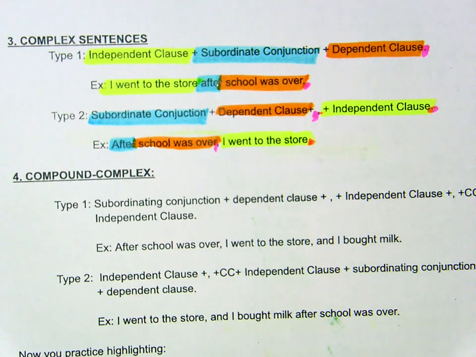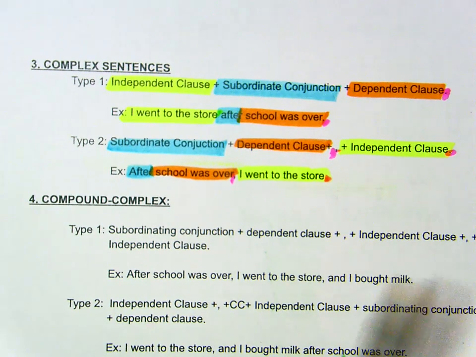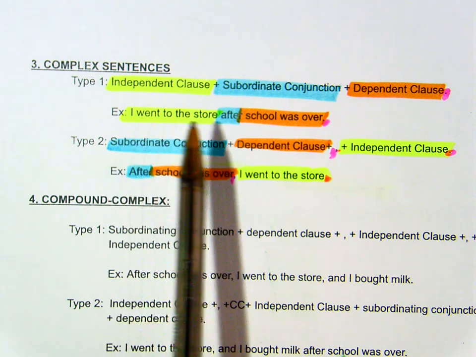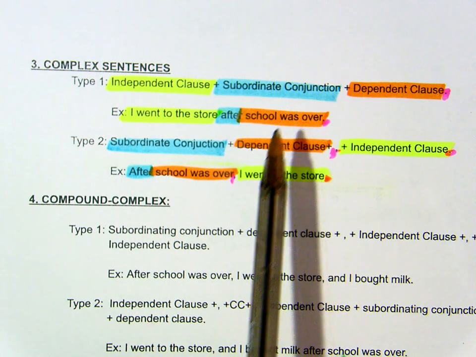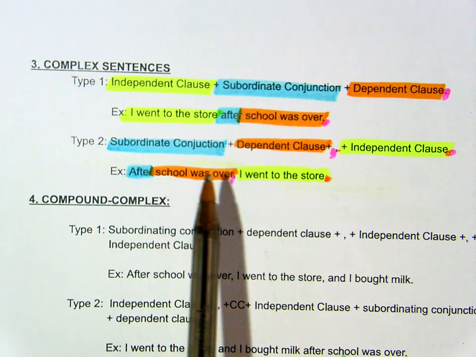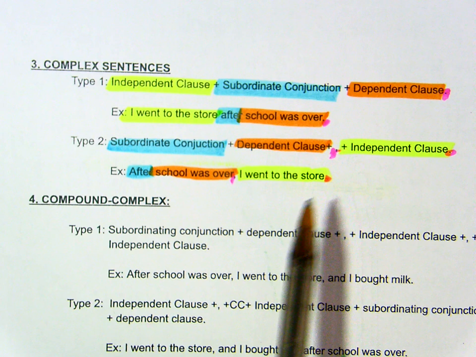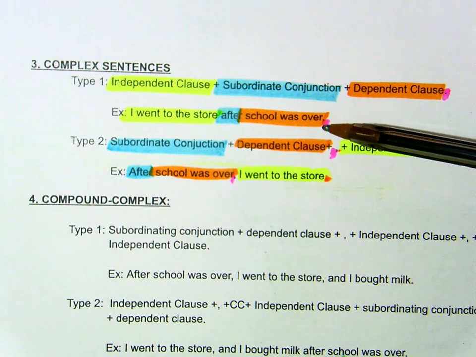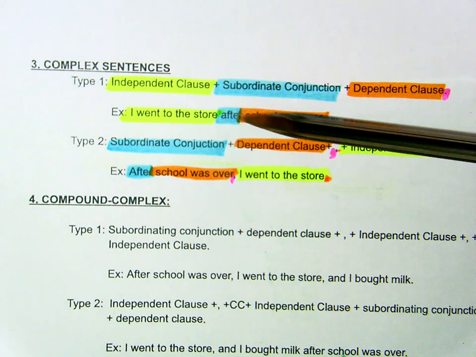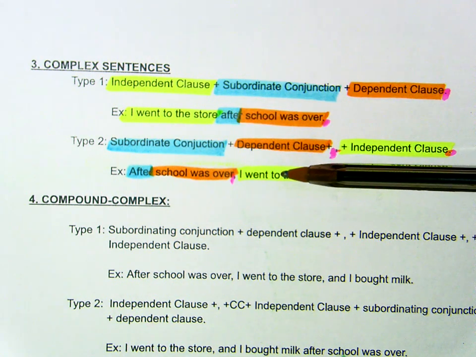Now, let's pause for a moment and look at what's happening here. When you say, I went to the store after school was over, it's the same thing as saying, after school was over, comma, I went to the store. It's just flipped around. So all this is showing you is that you can either flip it and have the blue and the orange at the beginning or at the end with the yellow.